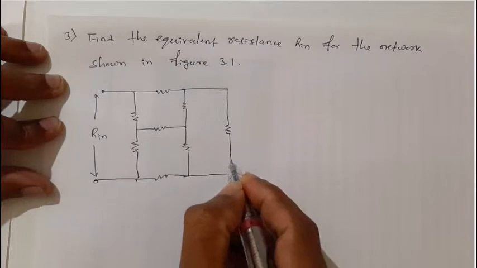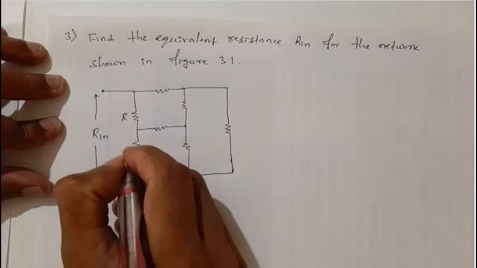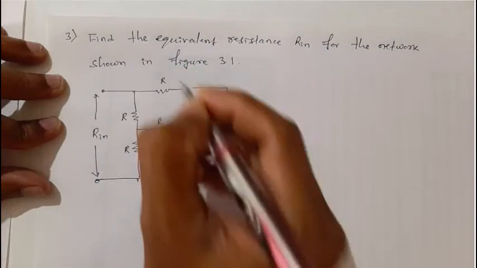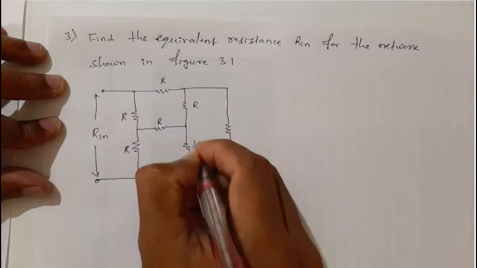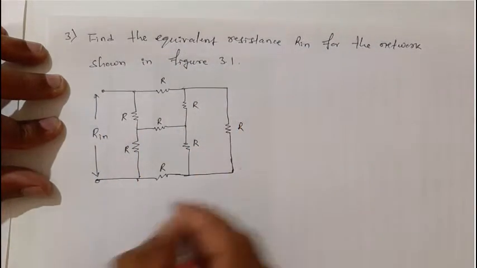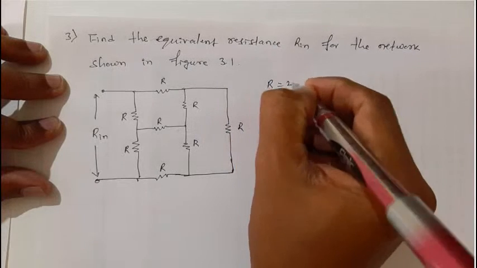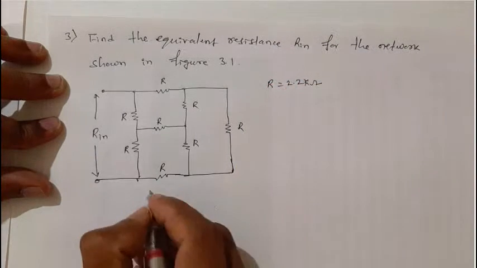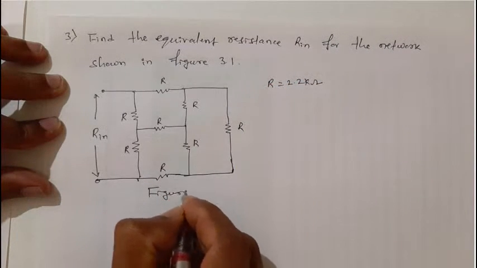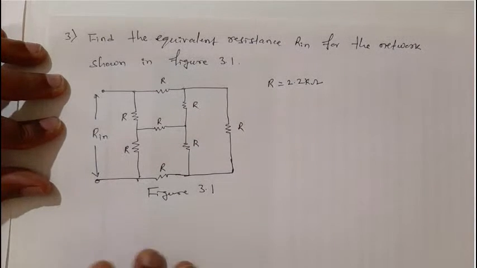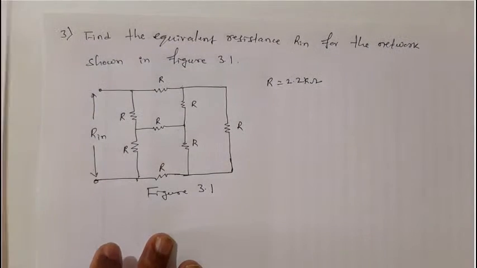All of these are R, and the value of R is equal to 2.2 kilo ohm, and this is the figure 3.1.